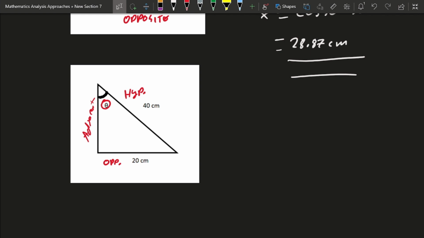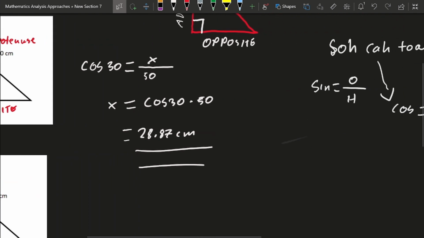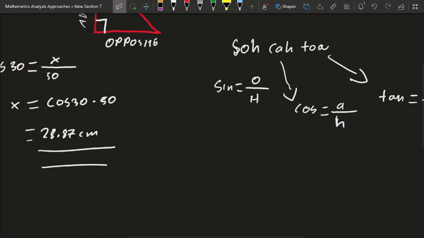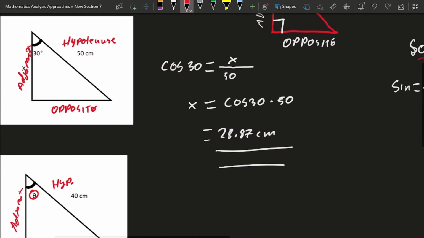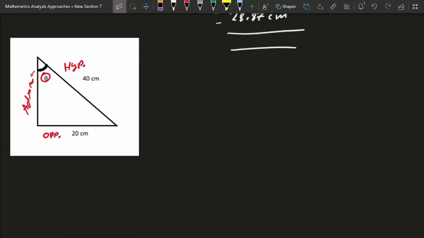Okay. So how do we proceed? Well, we have the hypotenuse given and the opposite given. So let's take a look. SOHCAHTOA. Opposite hypotenuse. SOH. So we use the sine function. But since we want to find the angle, we need to use inverse sine.